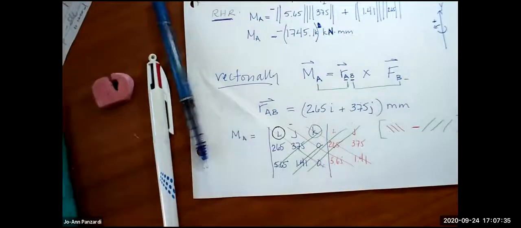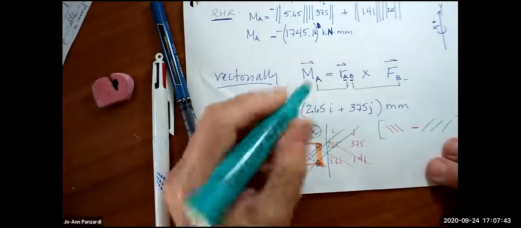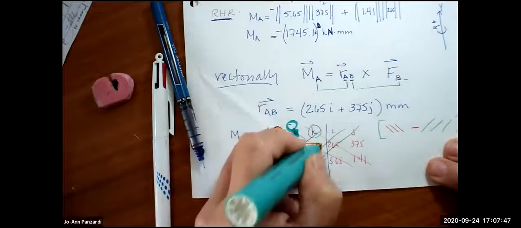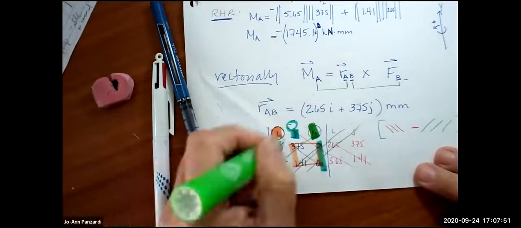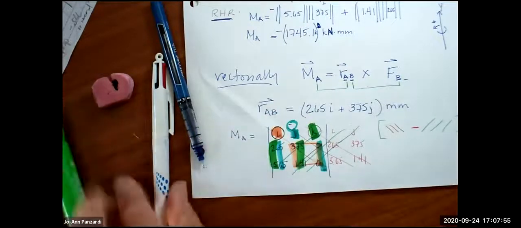So you take the orange and this determinant, you take the J, but you have to remember that it gets a negative, and you do this and this, or you do the K and you do this and this. So basically you are not using the column that the guy is in.